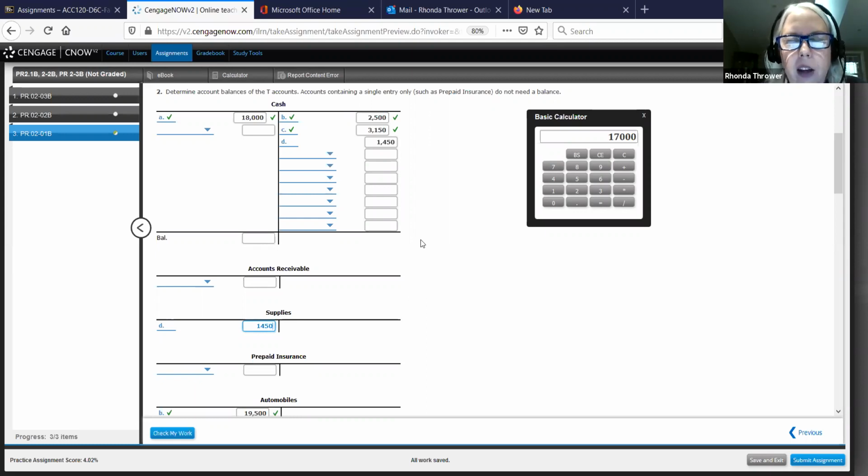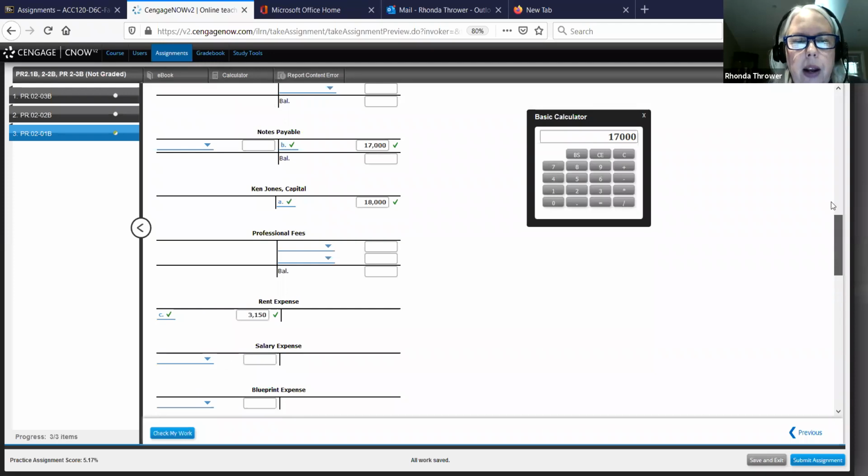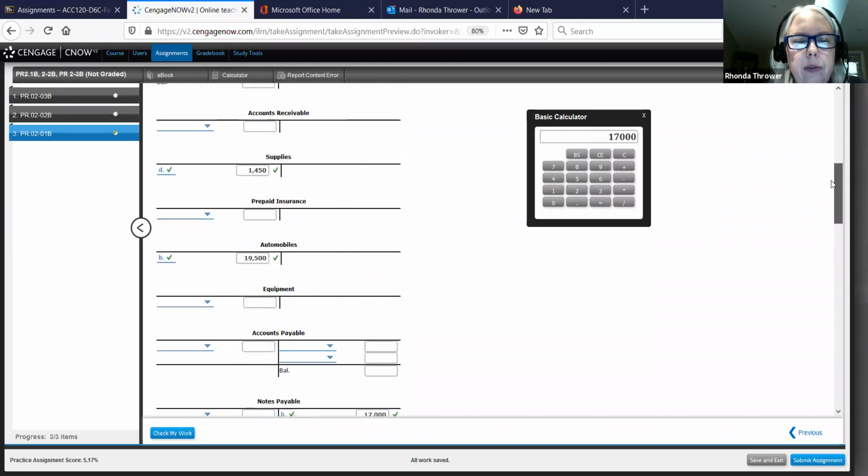Every transaction should balance back through the accounting equation that you learned how to do in the last chapter. So I'm going to check my work for transaction D, and I'm going to move to transaction E.